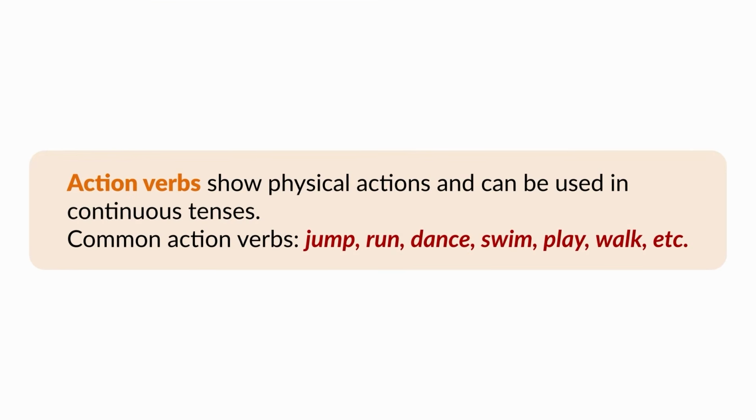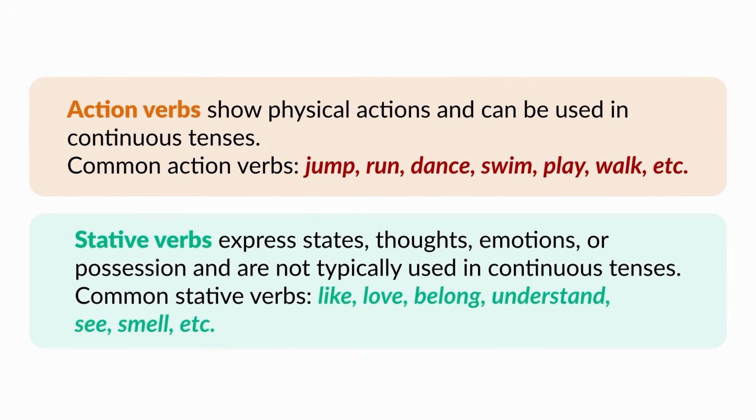Recap. Action verbs show physical actions and can be used in continuous tenses. Common action verbs: jump, run, dance, swim, play, walk, etc. Stative verbs express states, thoughts, emotions, or possession, and are not typically used in continuous tenses.